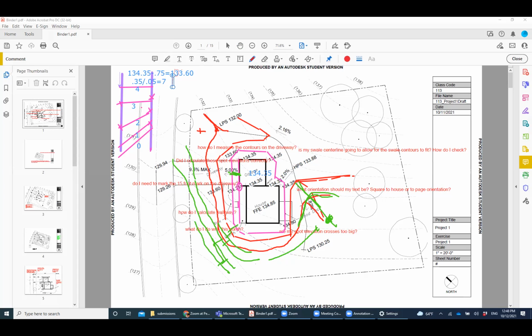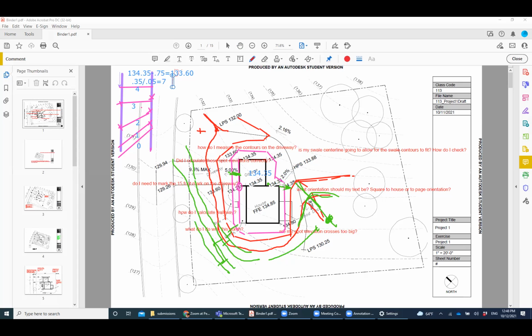The only thing here, the corner being 134.35, you do want to make sure instead of this slope being 2%, or this corner actually, if we calculate the slope, we actually calculate the perpendicular to the next contour.